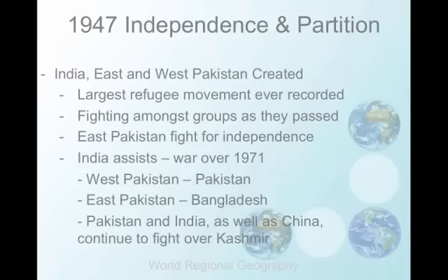East Pakistan did fight for its independence, and India assisted, and this occurred in a war in 1971. This was the year when Bangladesh was created. And you also have, to this day, Pakistan and India, as well as China, continuing to fight over the Kashmir region, which is located in the northwest region of India.